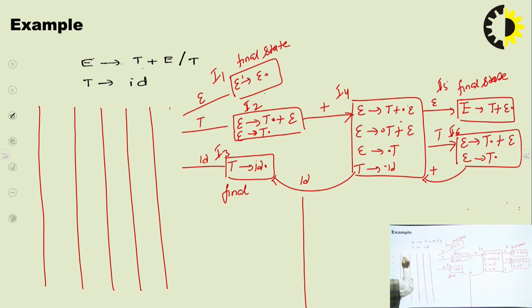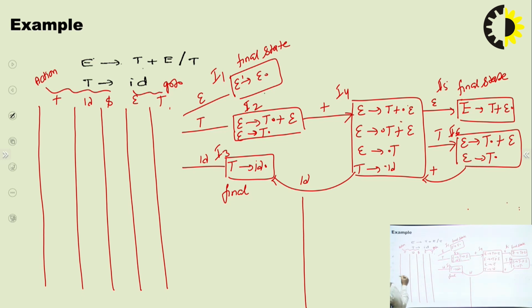Very simple. Terminals are only plus and ID, and one more thing is dollar, and that is E and T. This portion is known as the action, and this portion is known as the go to of the LR0 parsing table.